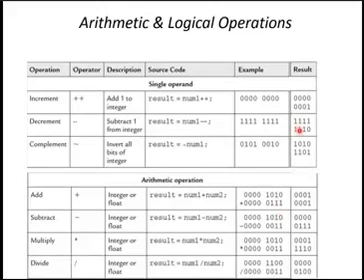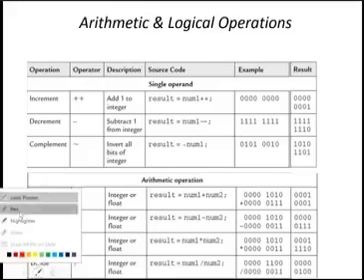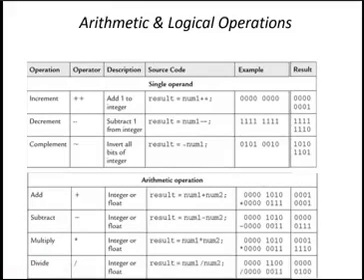Then 1 plus 1 is 0, carry here. 1 plus 0 plus 1 is 0, carry here. 1 plus 1 plus 0 is 0, carry here. 1 plus 0 plus 0 is 1. So it is 8 bits, and the final output is 00010001.